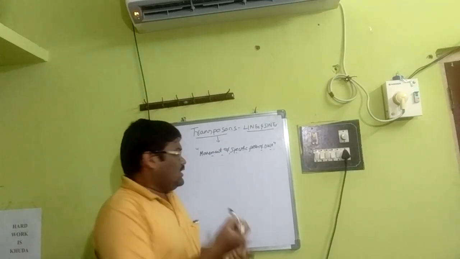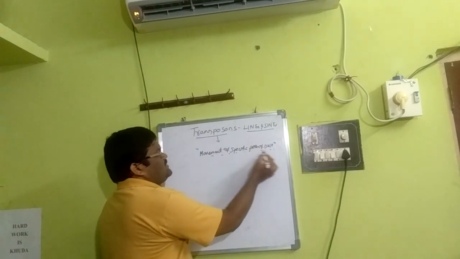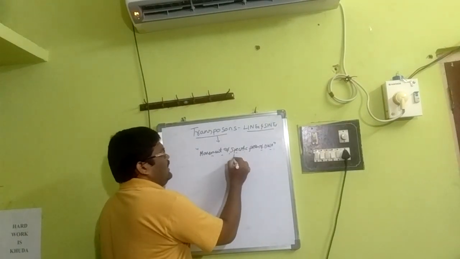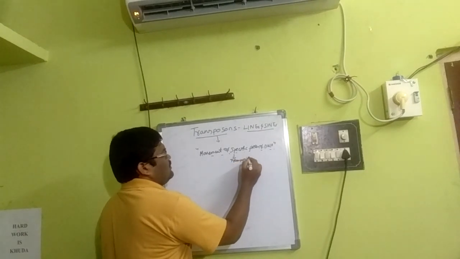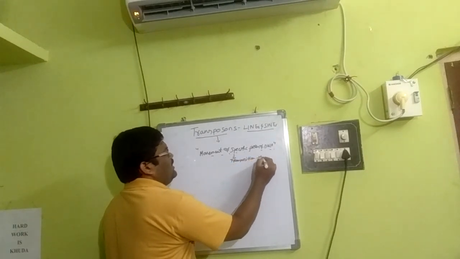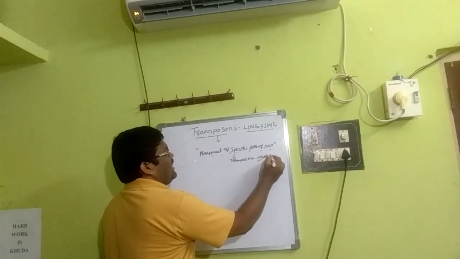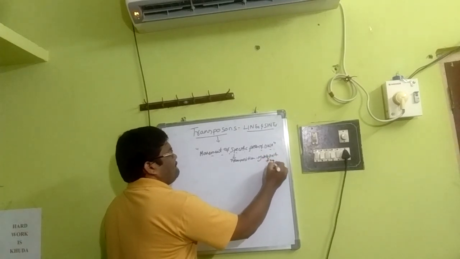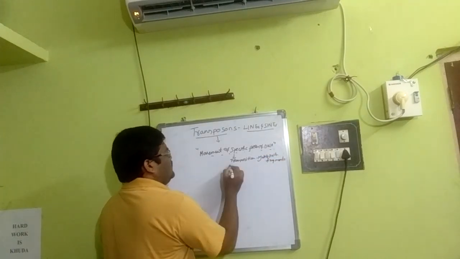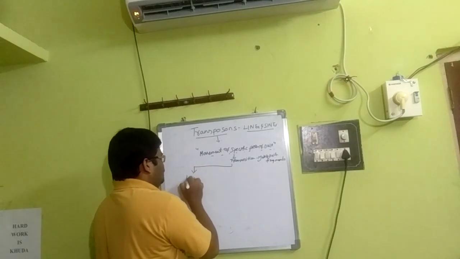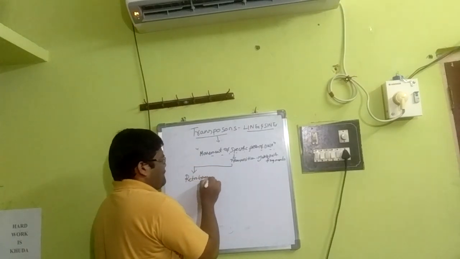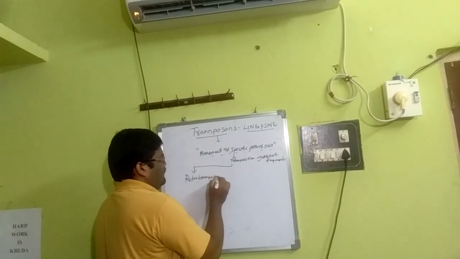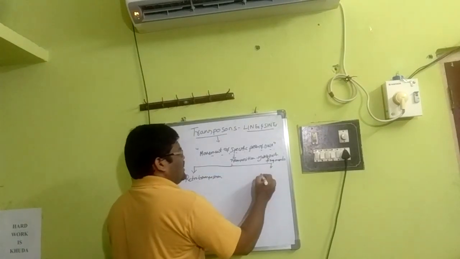Let me discuss one by one. This movement of specific pieces of DNA is transposition, so-called mobile DNA fragments. There are two types: retrotransposition and DNA transposition.